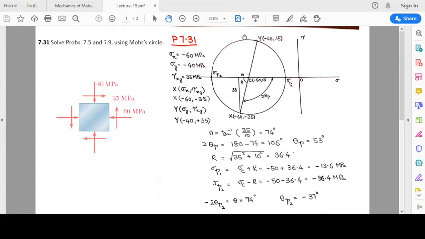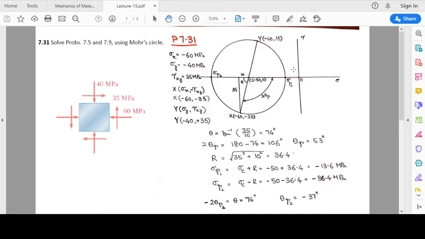So just see the drawing of the circle again. We just find the coordinates of this point x and this point y, and draw these points on the sigma versus tau plane, sigma on the horizontal axis, tau on the vertical axis, and then we can join these 2 points with a straight line, and wherever this straight line intersects the horizontal axis, that gives us the center of the circle.